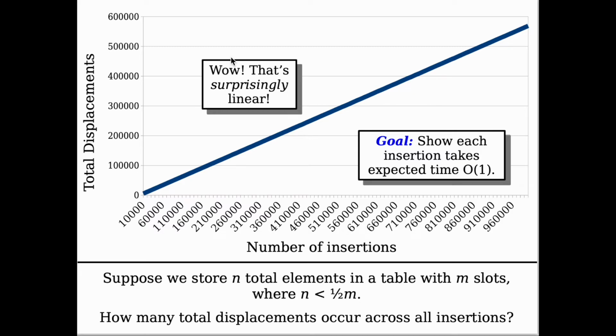So, when we try to plot it using some actual data set and by counting the total number of insertions and total number of displacements, surprisingly, we obtained a linear result. So, if we have n number of insertions, we have a total of n displacements then. Okay, so, ano kaya yung makukuha natin from that?